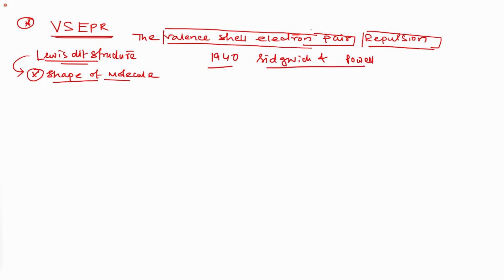This is called the valence shell electron pair repulsion theory. In this VSEPR theory, they discussed the repulsion between the valence shell electrons.